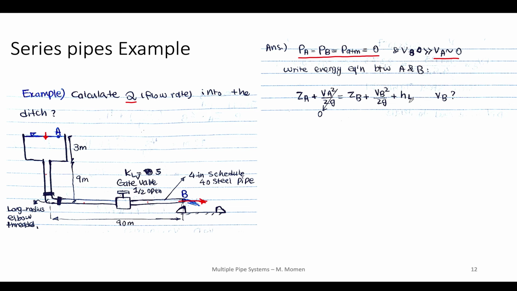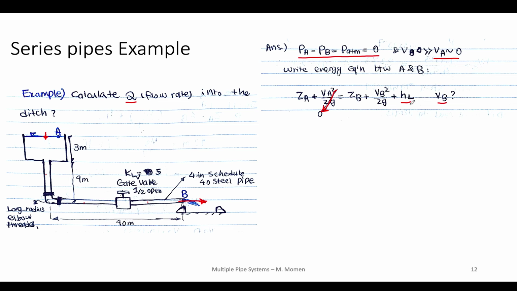I don't know what the total head loss is, and I know from this assumption that VA should be 0, so I just write it down as 0. The only unknowns in the problem are HL and VB, so these two things I have to find based on the information given in the problem.